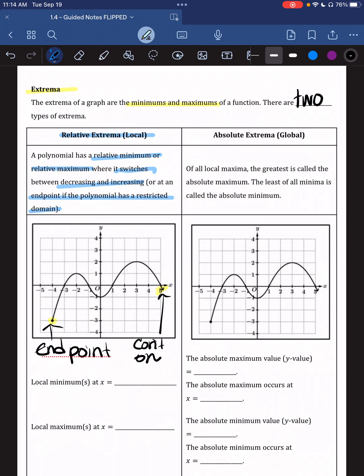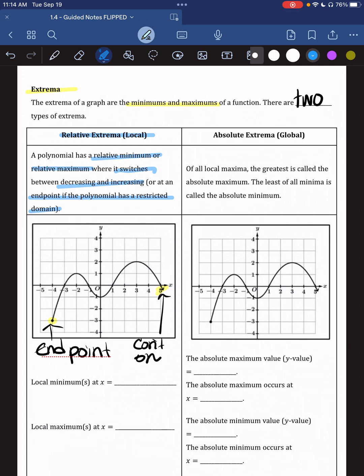So let's look at that here. The question says local minimums. Again, extrema are where the function is changing from increasing to decreasing or decreasing to increasing. That's where we find the relative. Now we have to decide which one's minimum and maximum.